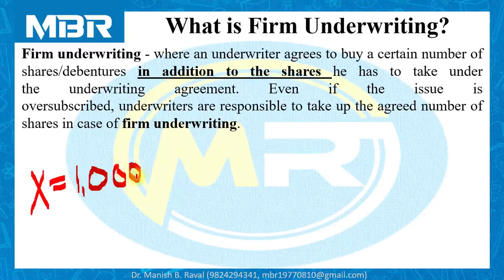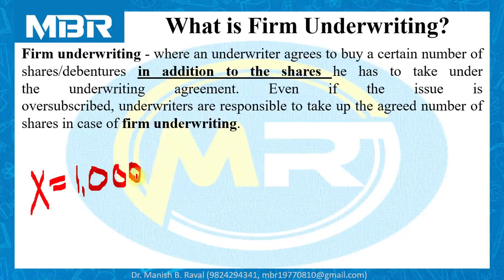Now, just imagine for a moment that the public subscribed the whole issue of the company and there is no responsibility or liability of underwriter X to purchase any number of shares. But X would like to purchase a few shares for his own investment in the shares of the company.